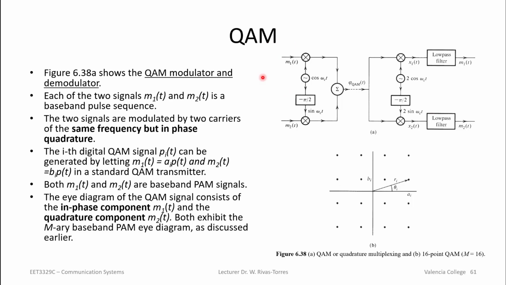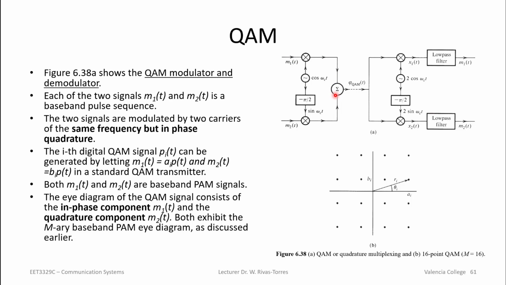You feed those to this combination of a circuit, which is not that complicated. You have an oscillator. You shift the phase by pi over 2 and feed that to one of your multipliers with the quadrature signal, and the oscillator goes straight to the other multiplier with no phase shift, which multiplies the in-phase or I component.